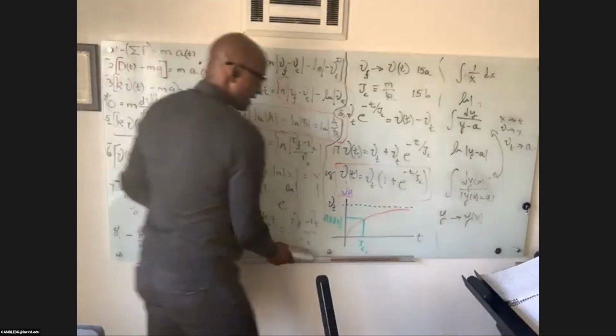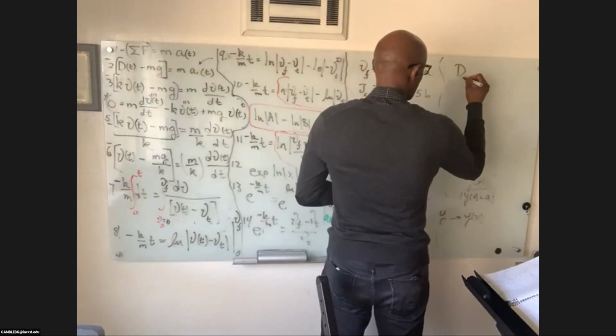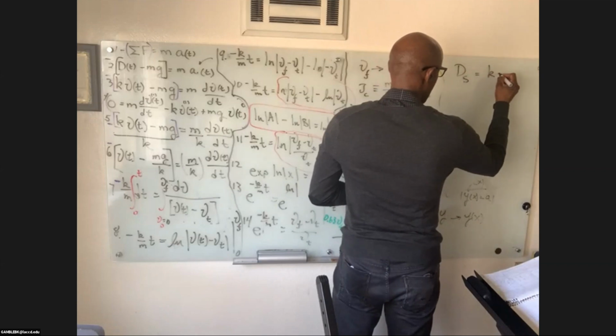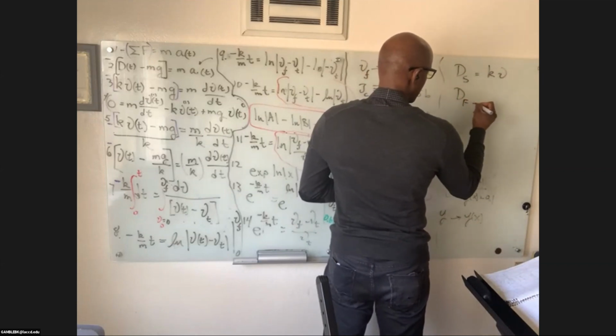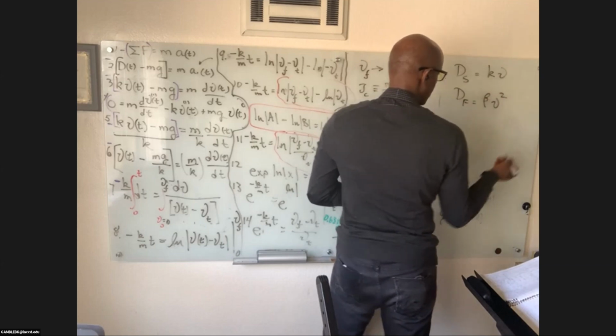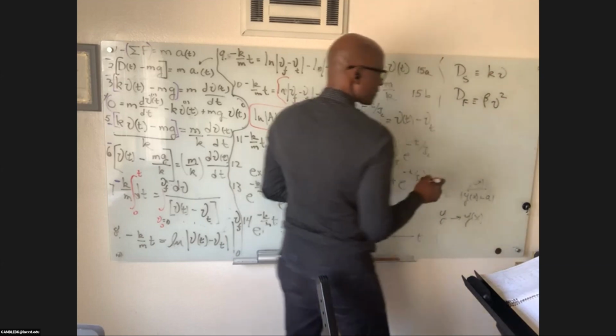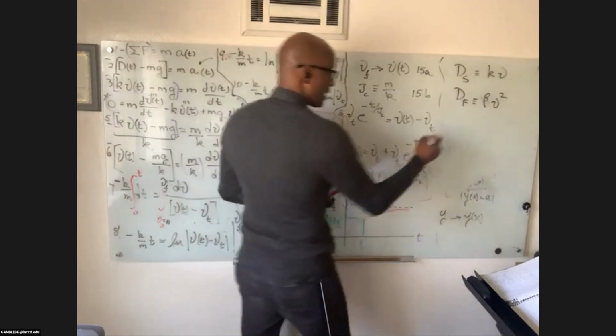That's just what we said. That's just the definition of the drag force. When I first started, I said we have two types of drag forces. One is for slow moving, and it's proportional to speed. For fast moving, it's equal to a constant, I think I used a different constant, beta, times the square of the speed. These are definitions. That's what the drag force equals, like weight is defined as mg.